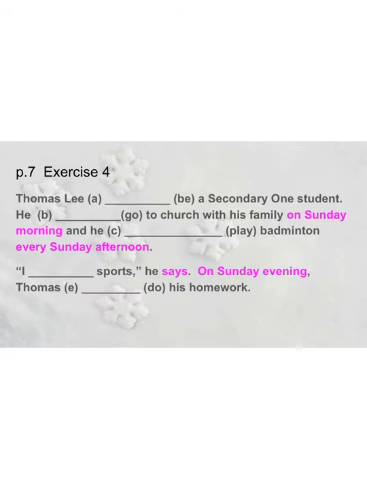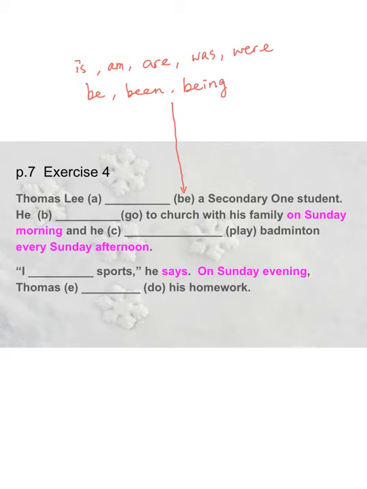Now look at page 7, exercise 4. Thomas Lee. Okay, actually, be is a very, very special verb. It has 8 forms: is, am, are, was, were, be, been, being.